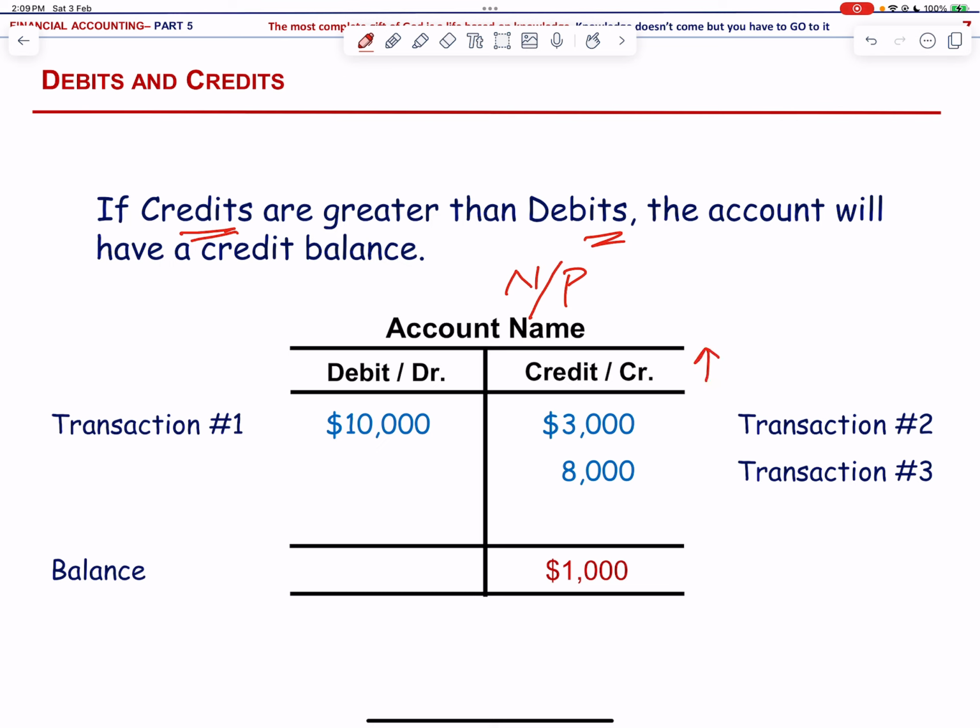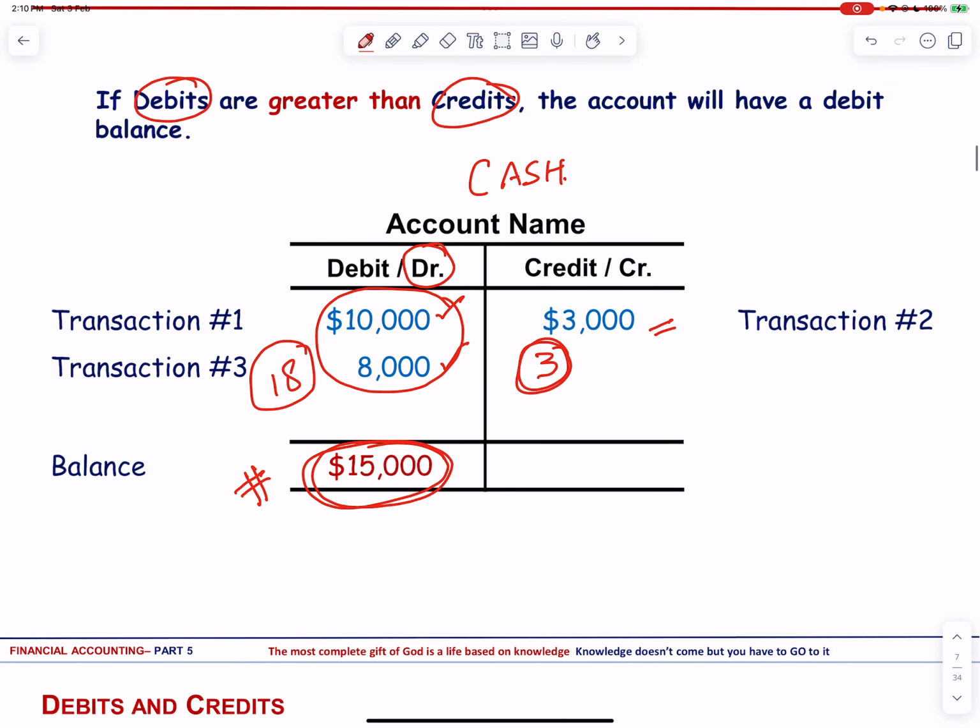Suppose that we have a credit of 8 plus 3, that is 11,000, minus the debit 10,000. So the difference is equal to 1,000. So that is how we record the balance when we are classifying and recording the accounts in the ledger. So that is very interesting.